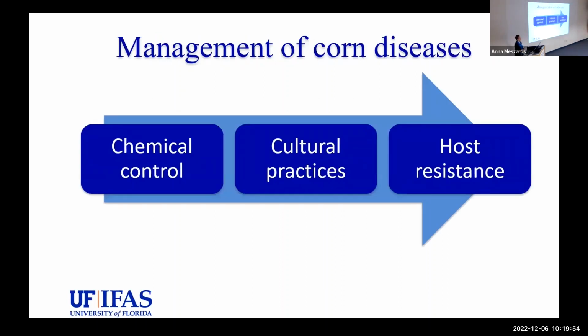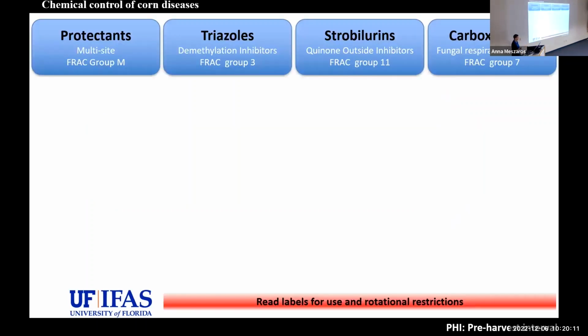In terms of management strategies for the sweet corn diseases, I'll be talking about chemical control, cultural practices, and host resistance. For the chemical control, as I said before, I'm basing it on Dr. Reid's recommendation. What he recommended last year, and I believe it's still the same, is to apply protectant fungicides and also some systemic fungicides.